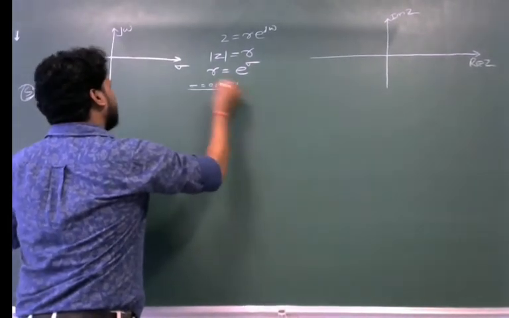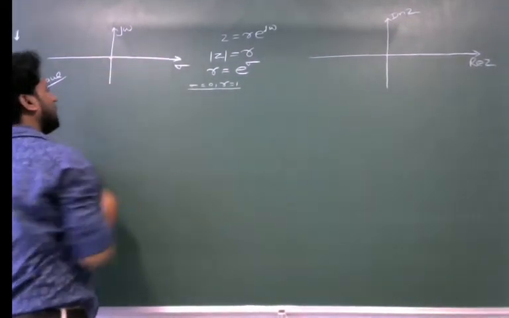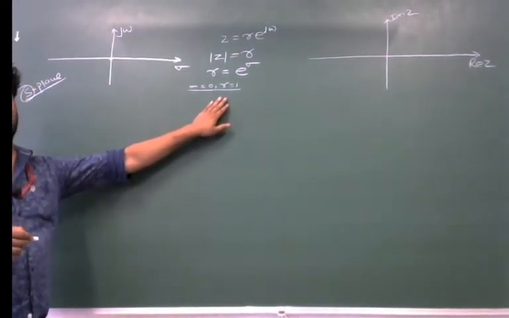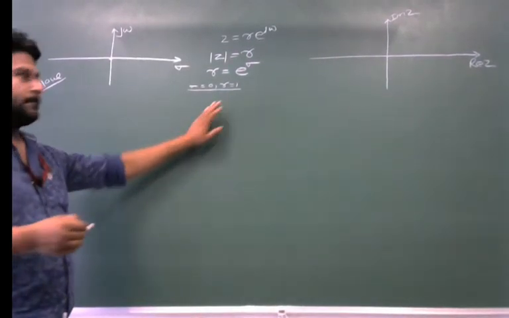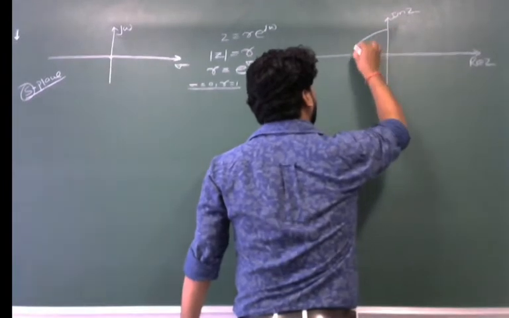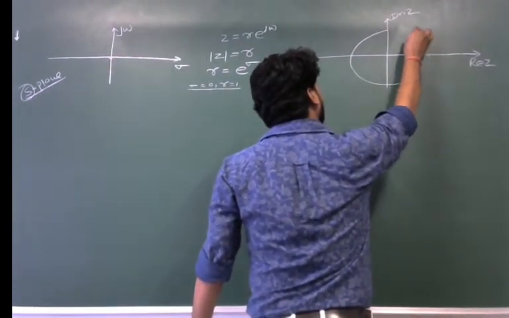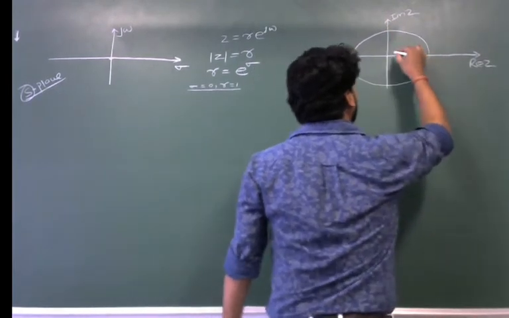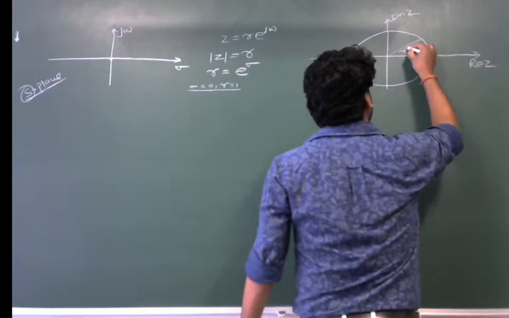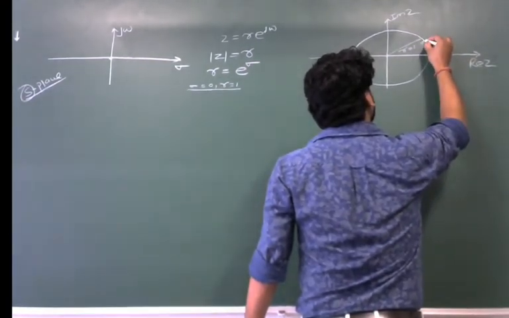Means for sigma equal to 0, in the Z plane it will be a circle of radius 1.